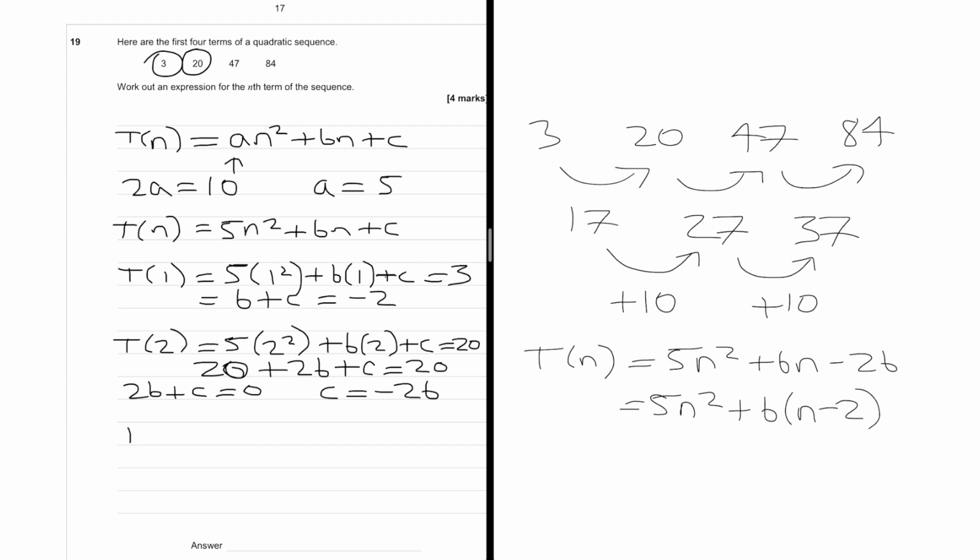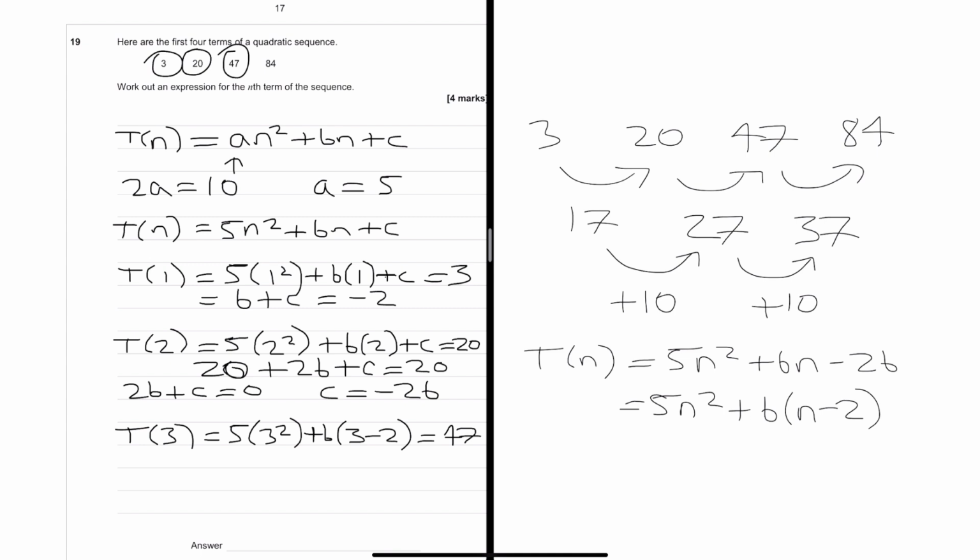And then if we do t of 3 with our new expression, we have 5 times 3 squared plus b times 3 minus 2, because it's n minus 2, and that equals 47.